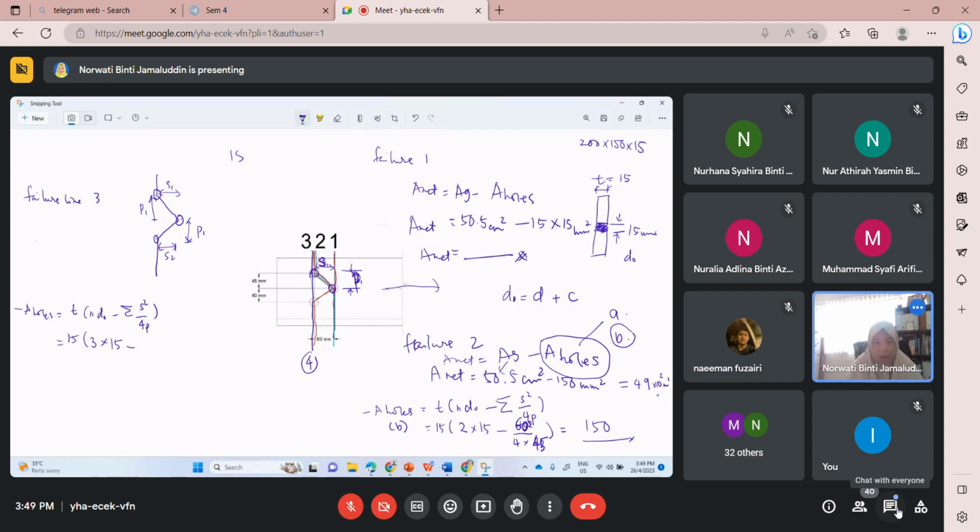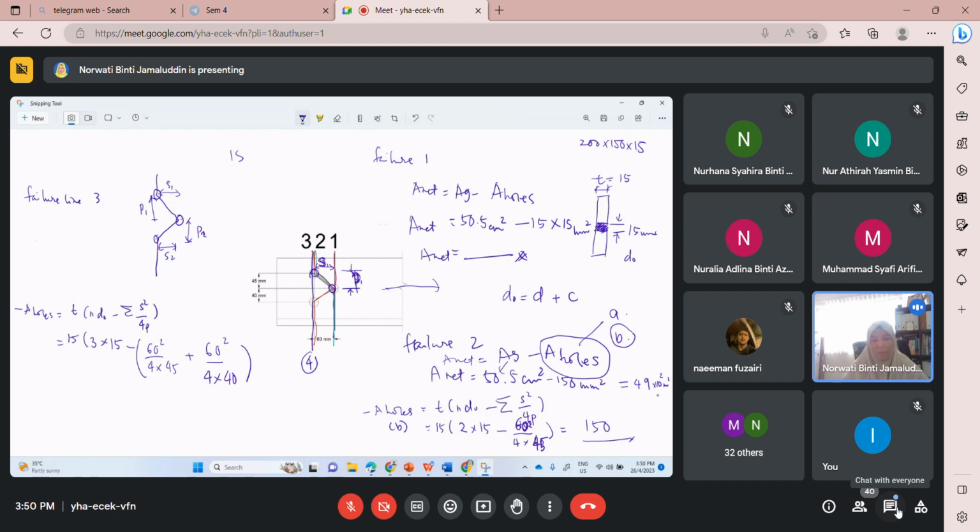So S1 should be 60 power of 2 divided by 4 times P1, P1 is 45, plus 60 power of 2 divided by 4 times P2. Sorry, this is P2, so it is 40.